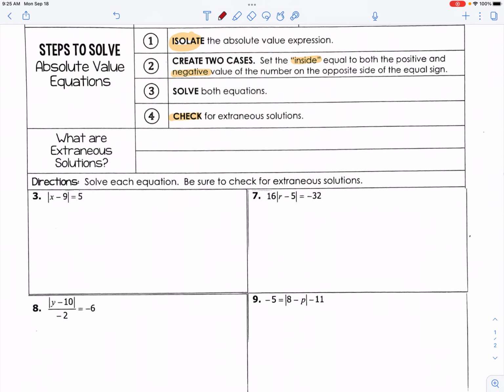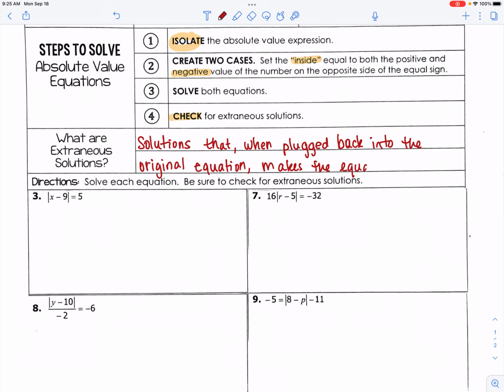And extraneous solutions are solutions that, when plugged back into the original problem, so it's got to go back to the original equation, make the equation false.